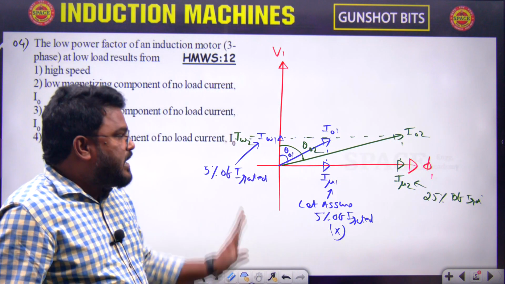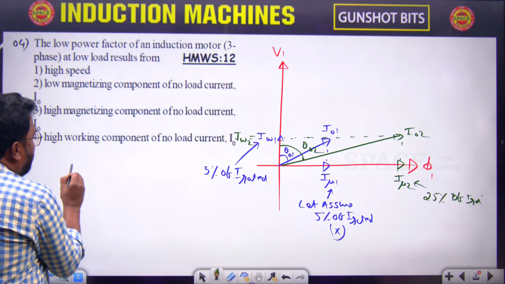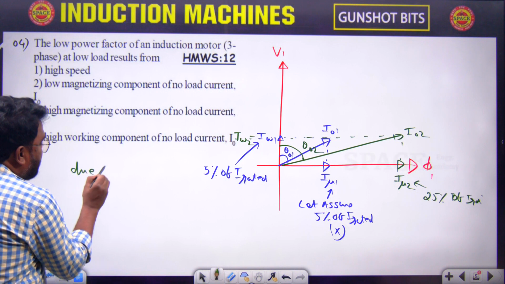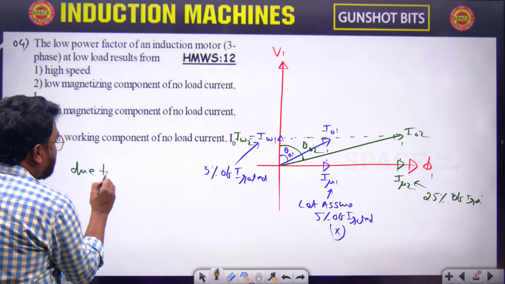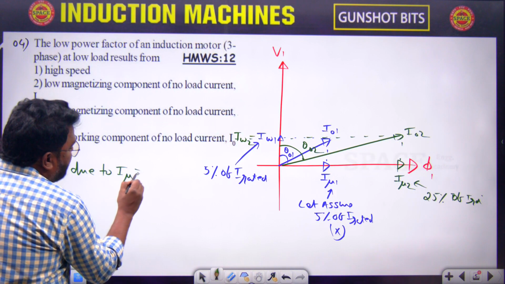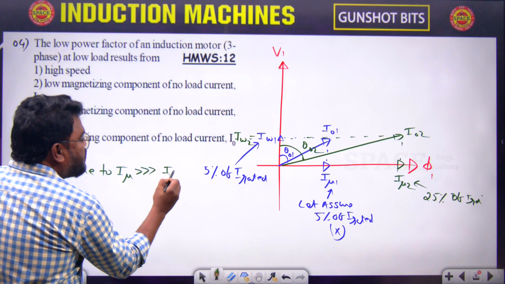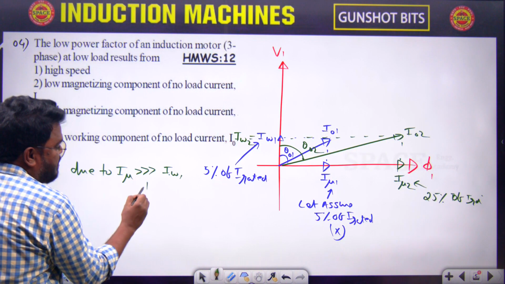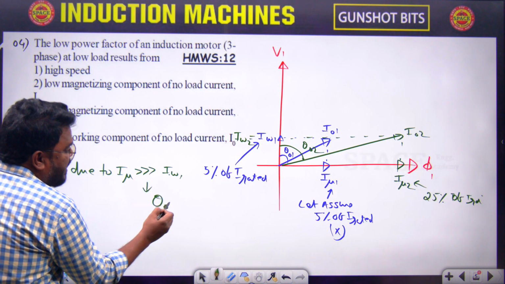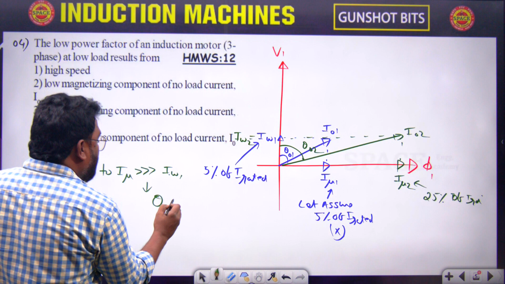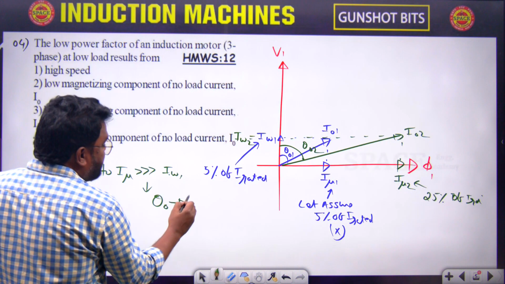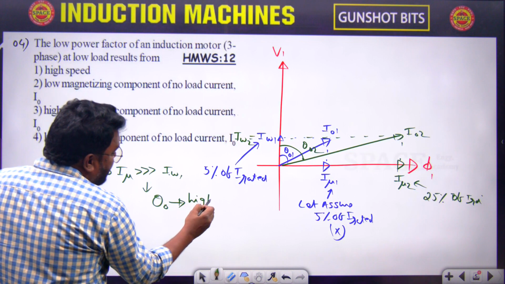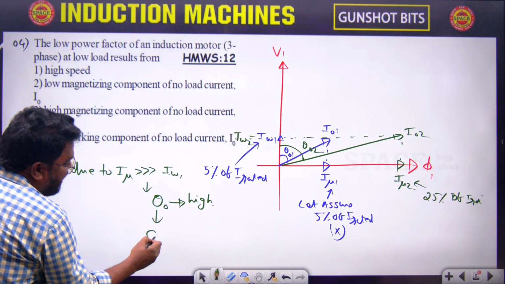By using this vector diagram, this one is the magnetizing current, and due to the high magnetizing current, which is very high as compared to the iron loss component of the current, this no load power factor angle is high. Now when the no load power factor angle is high, what about the cos function?